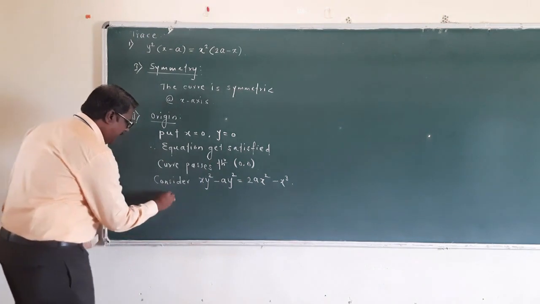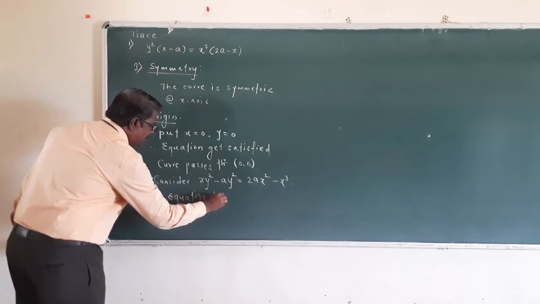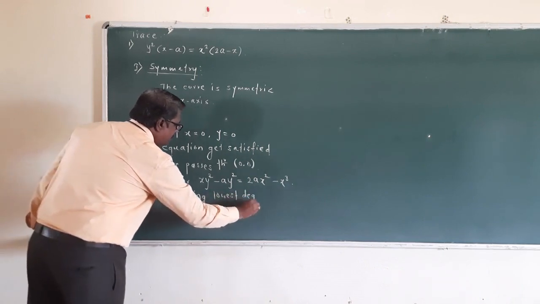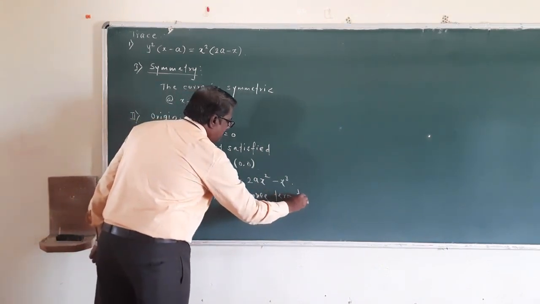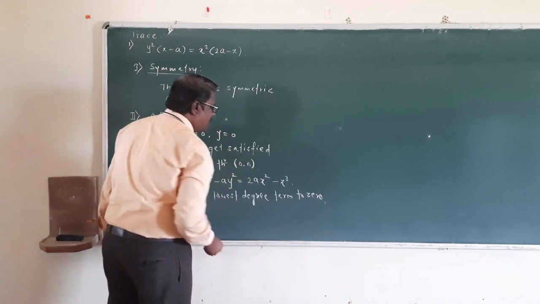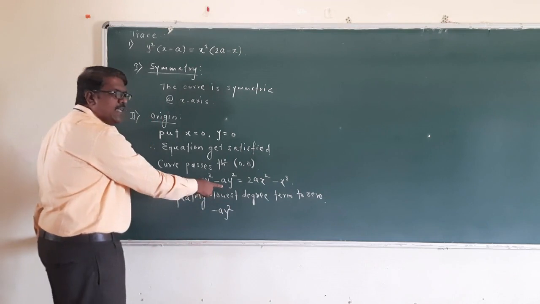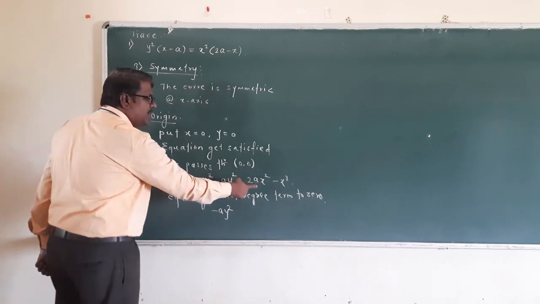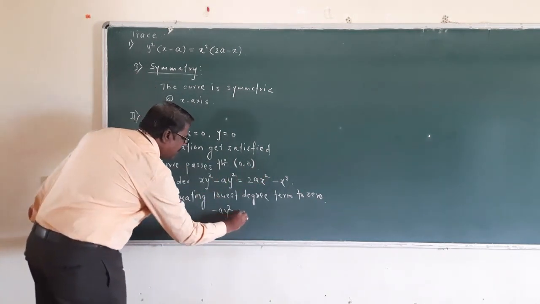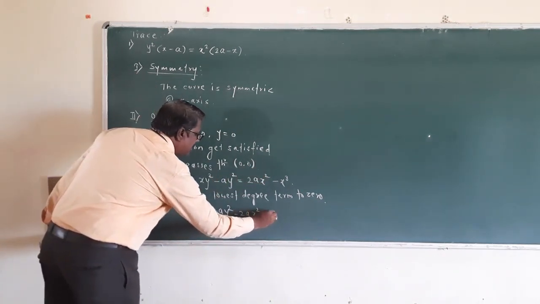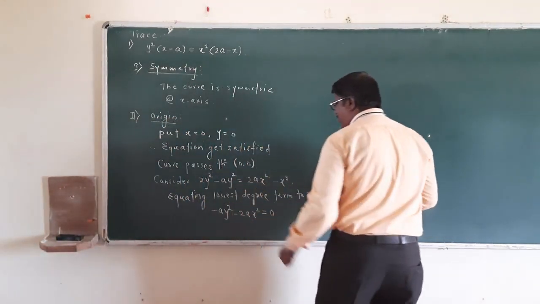So I will write, equating lowest degree term to 0, we have minus ay square, this is on LHS, and the term which have degree 2 on RHS I will shift towards LHS. So minus 2a x square is equal to 0, and this implies I can take minus a common.